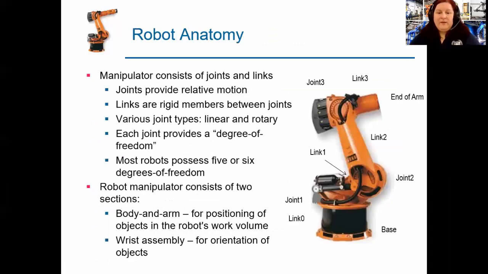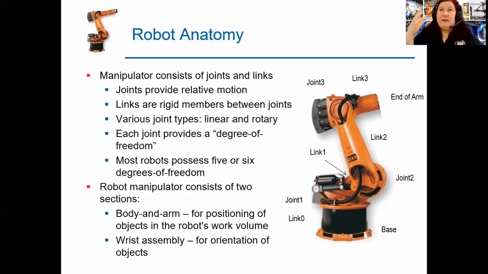So if we take a look at this robot, we will also see the different parts. Here you might find the base, which is how the robot is attached to the ground. And this robotic arm shown in this picture does not necessarily have to stand on the ground like this given robot is standing.